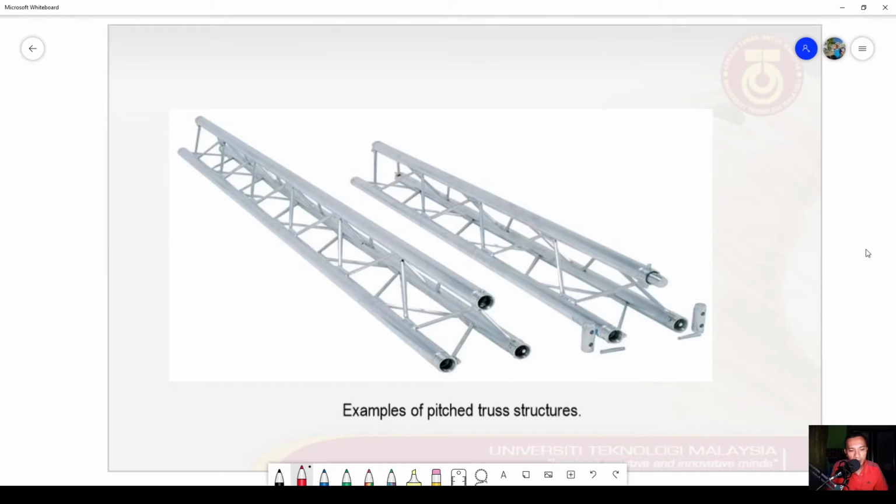This is one example of the pitch truss structure, where as we can see here, this kind of structure is connected between the bigger cylinders or tube or hollow bar with the smaller diameter cylinders to make a triangle or several triangles, and to make this whole structure as we have in these figures.